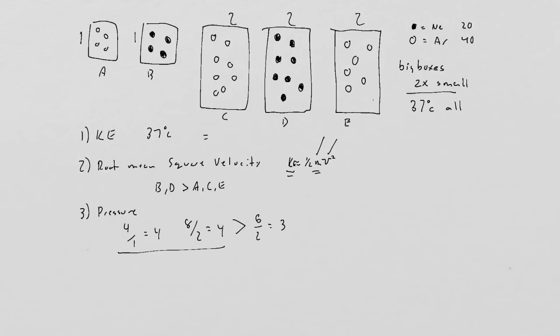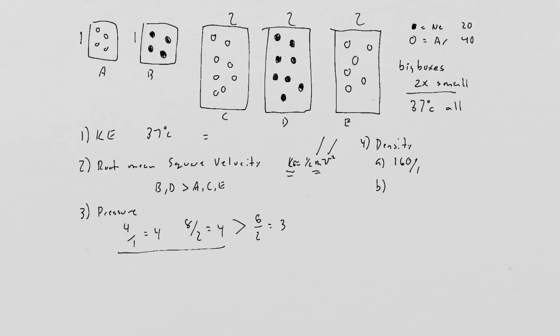Okay, the final variable they can ask you about is density. And in density, you're going to have to take into account the different formula masses. So again, you can arbitrarily make up values. So you can say each molecule represents a mole of molecules. So in box A, A's got 4 neons and 4 argons, so it's 160 over 1.